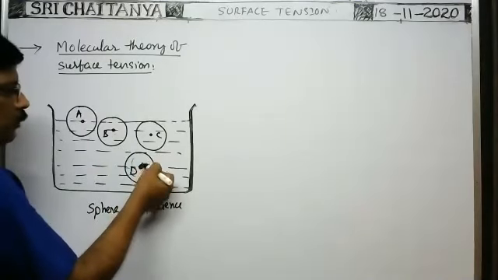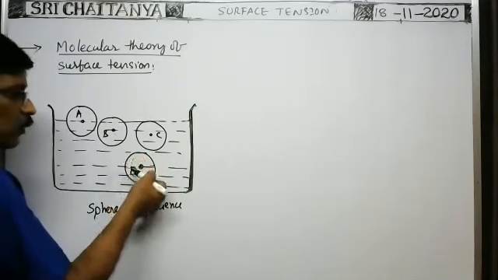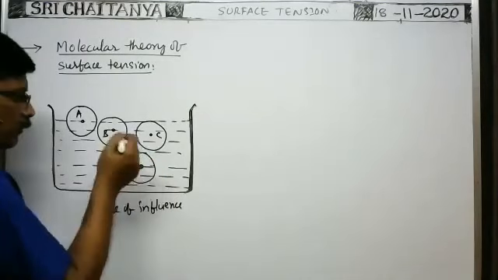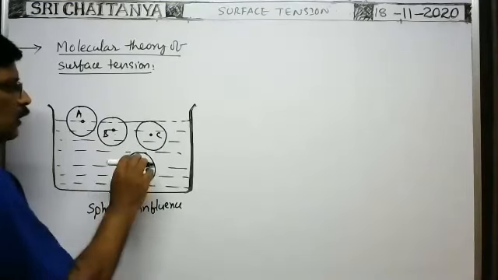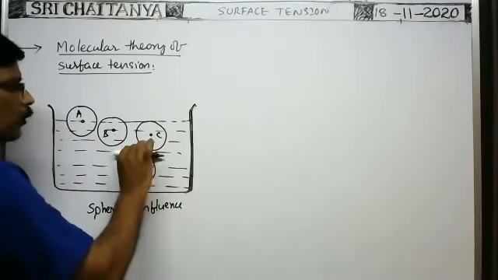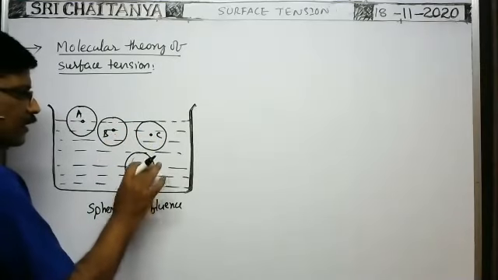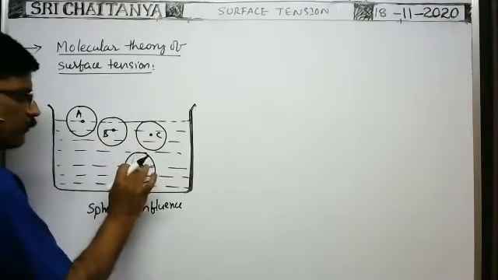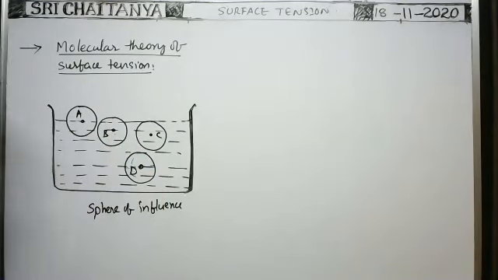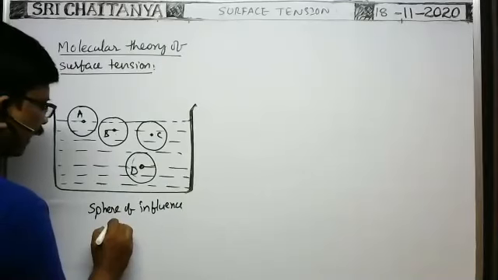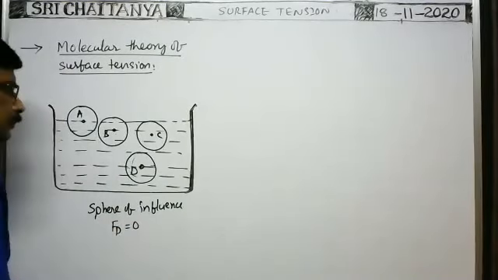The upper half and the lower half have the same number of molecules, so the net cohesive force of attraction acts on the molecule due to below the sphere of influence and above the sphere of influence, both are equal in magnitude and opposite in direction, so they cancel each other. So the net cohesive force that acts on a molecule well inside the liquid is 0. So the net cohesive force of attraction on the molecule at D is equal to 0.